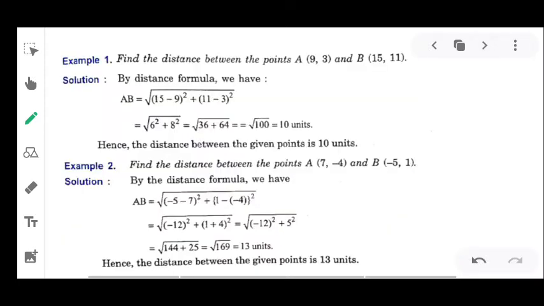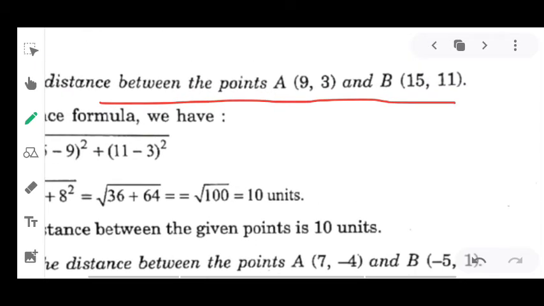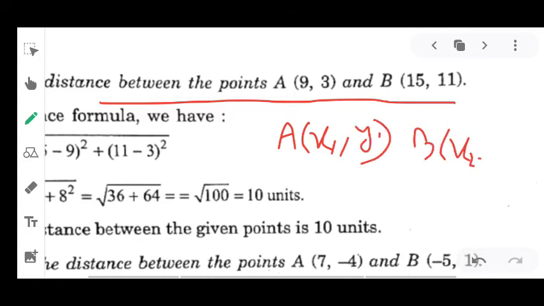Now this is the example. Find the distance between the points A (9, 3) and B (15, 11). So AB will be, this is A (9, 3), that means (x1, y1), this is B (x2, y2).